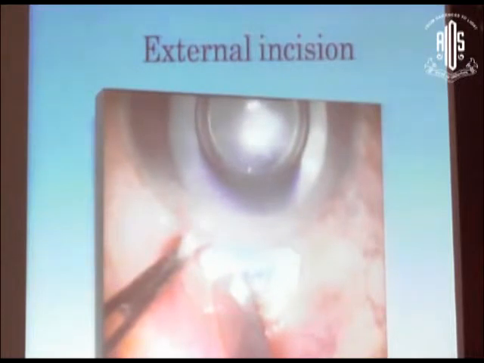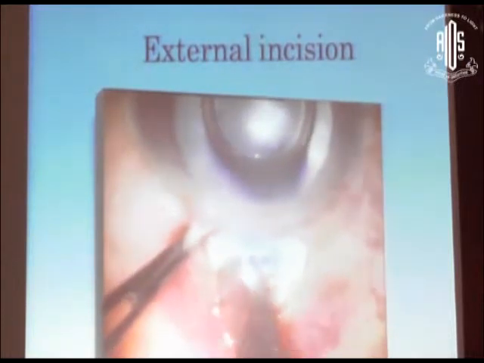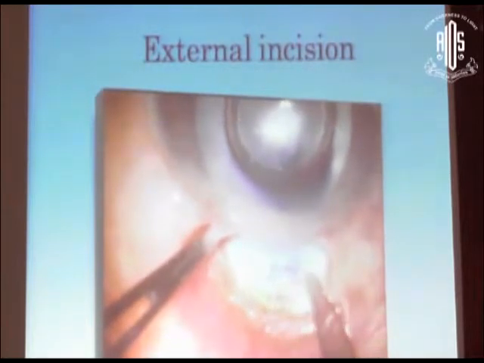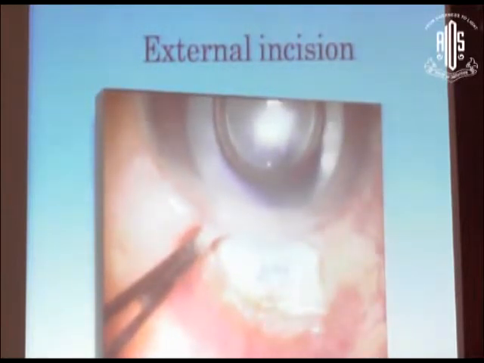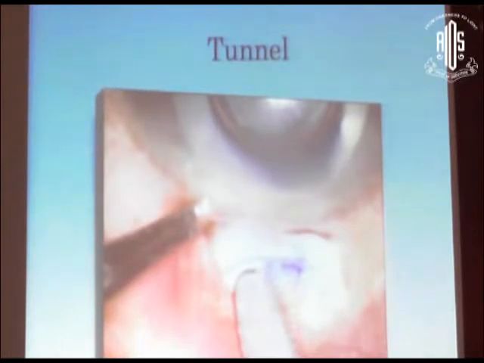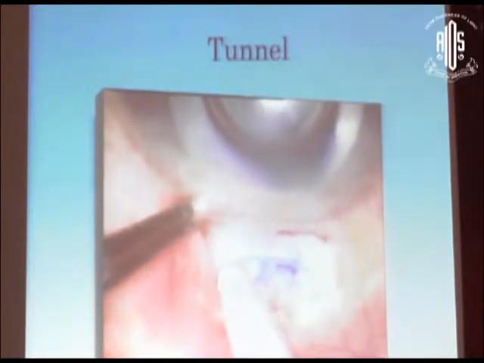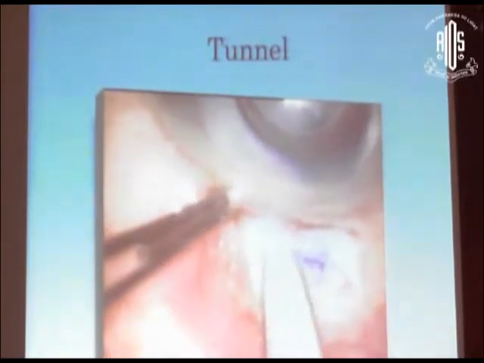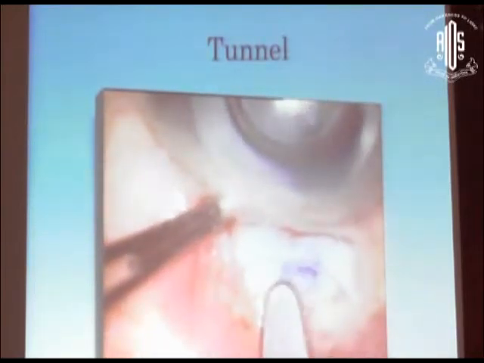The external incision was made with the number 15 blade up to 2/3 thickness of the sclera. For the tunnel construction, again the fixation is very important, as I have said. Then after this, there is a sweeping movement of the crescent blade, so that we can assess the depth of the external groove.